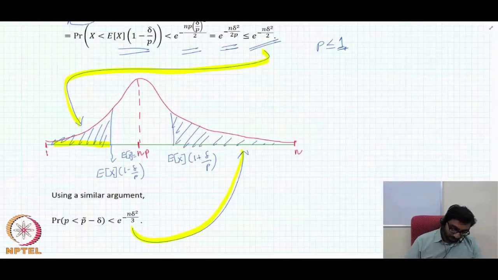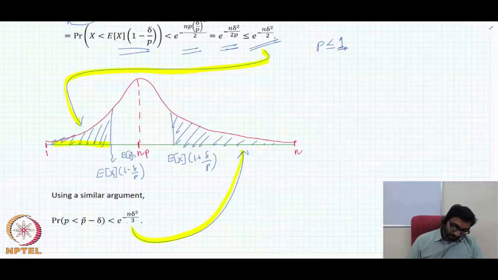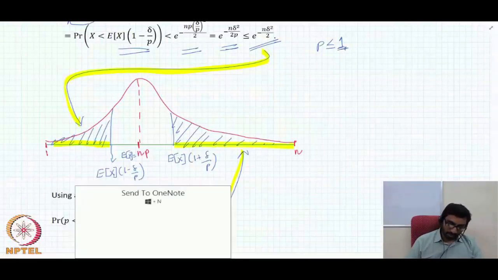In a similar way, we can bound the other bad event, which is that p is less than p tilde minus delta, and we will get a similar upper bound on the probability of that bad event, which will correspond to the estimate p tilde lying in this range.